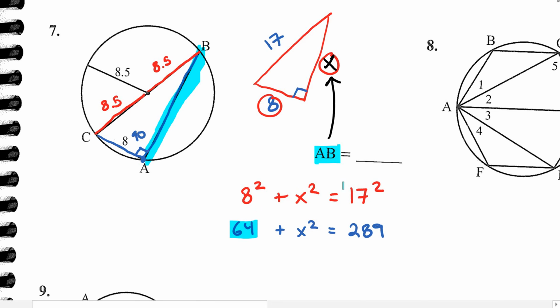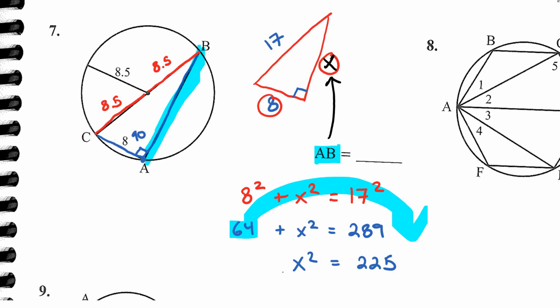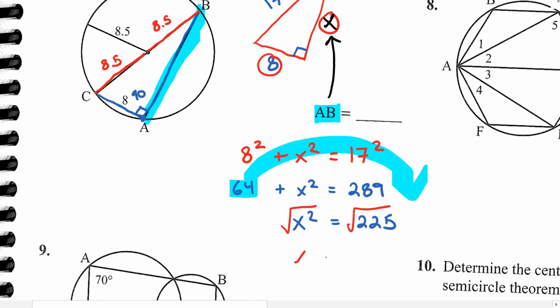I take my 64 and bring it to the other side, so x squared equals 289 minus 64, which is 225. Then you can take the square root of both sides, and x equals the square root of 225, which is 15. So for that particular problem, the answer is 15.